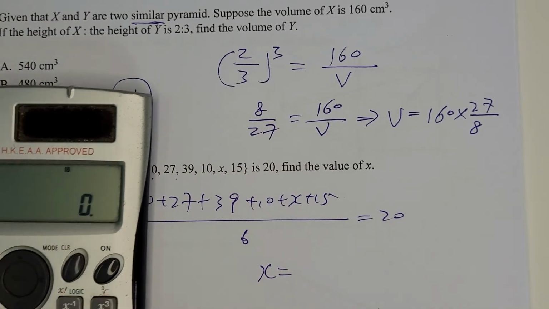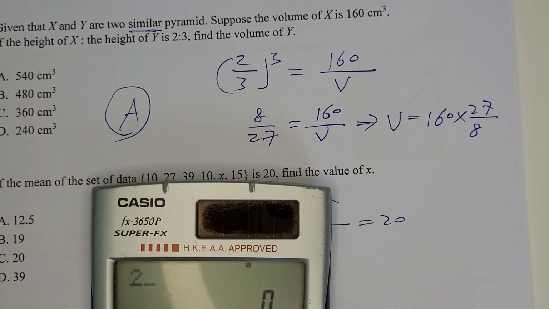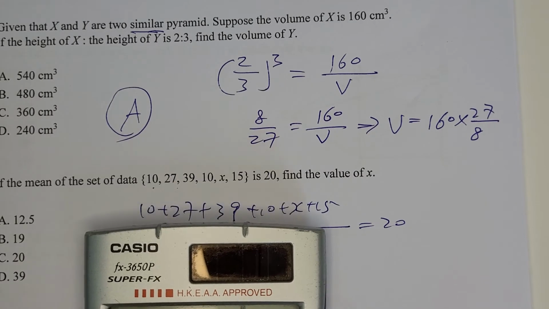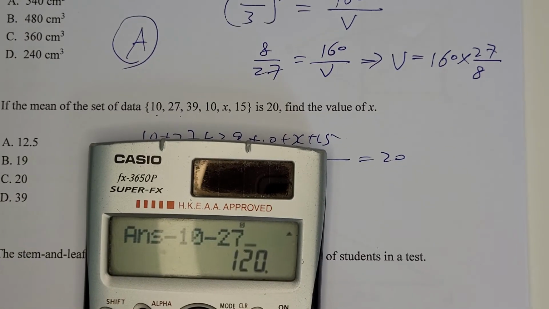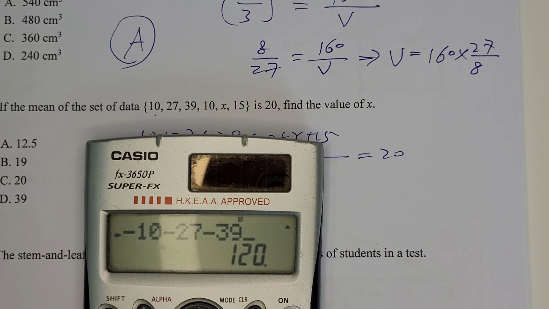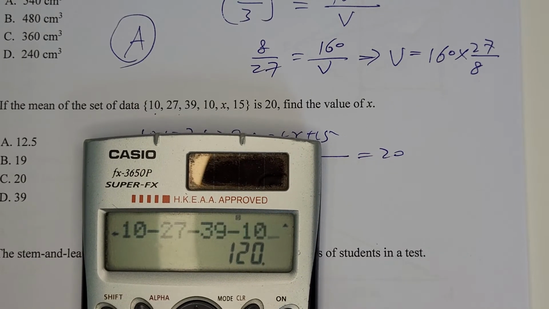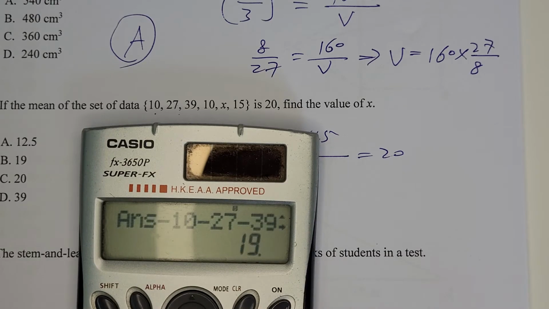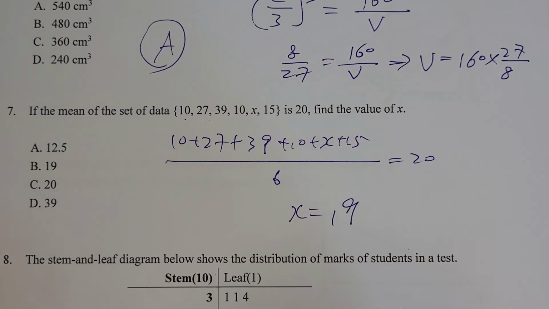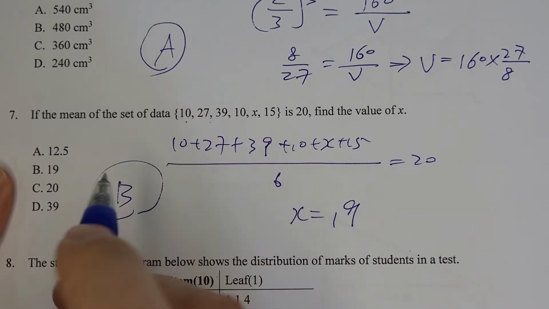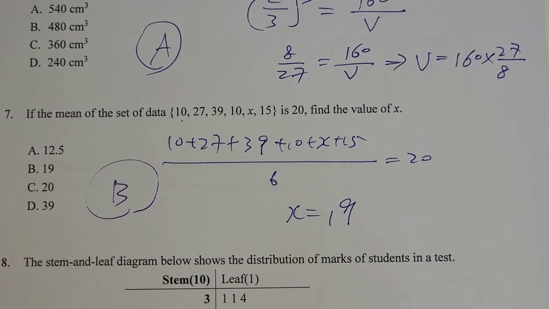It should be 20 times 6 minus 10 minus 27 minus 39 minus 10 minus 15. So x is 19. So the answer is B. Alright, quite a straightforward question.